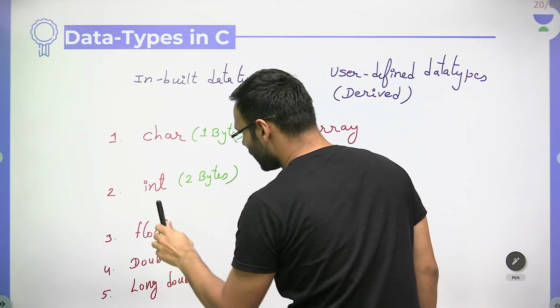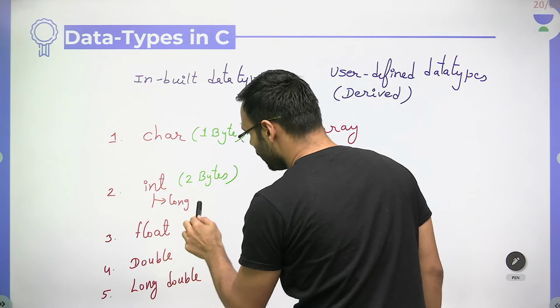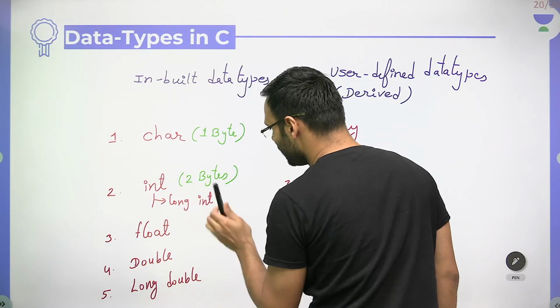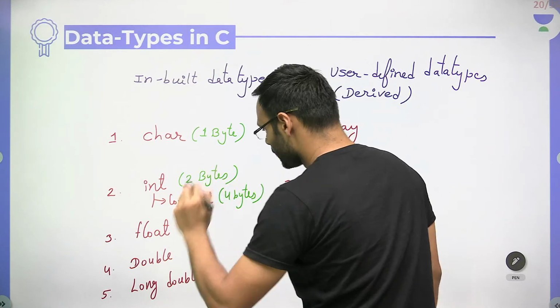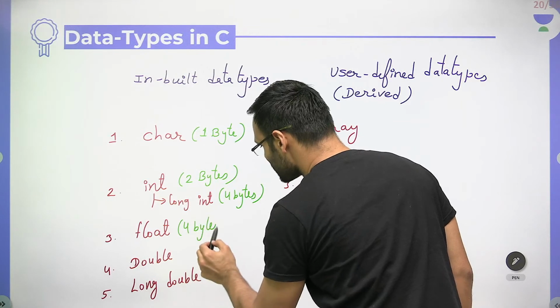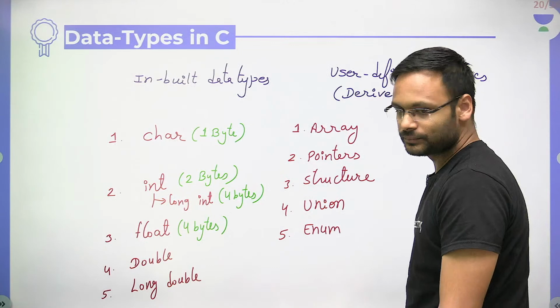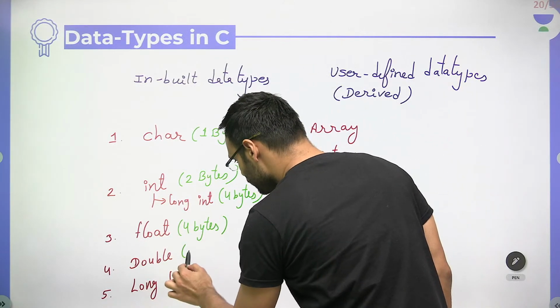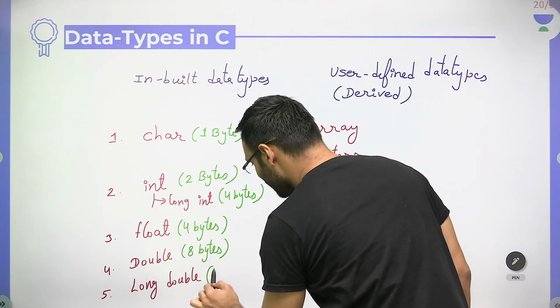But we have another option in integer, which is called long int, stored in 4 bytes. Each float value is 4 bytes in standard C language. Then double is 8 bytes, and long doubles are stored in 10 bytes.